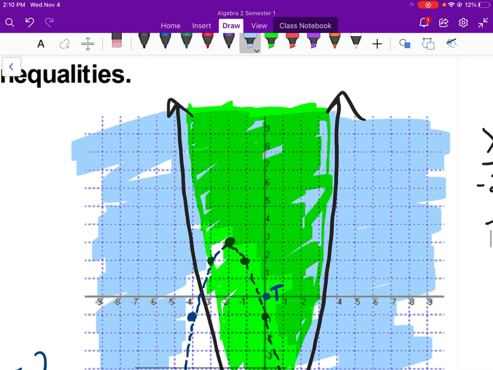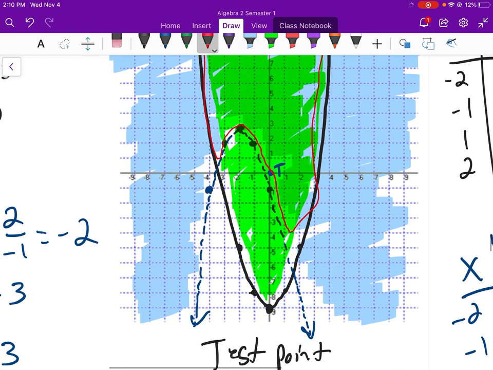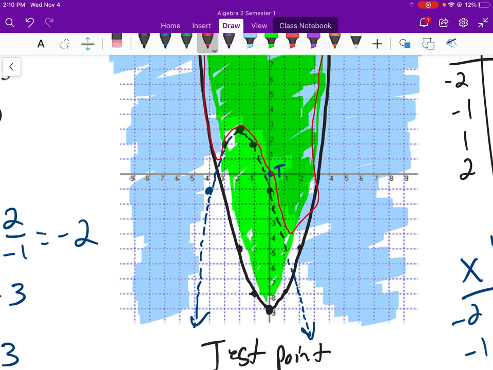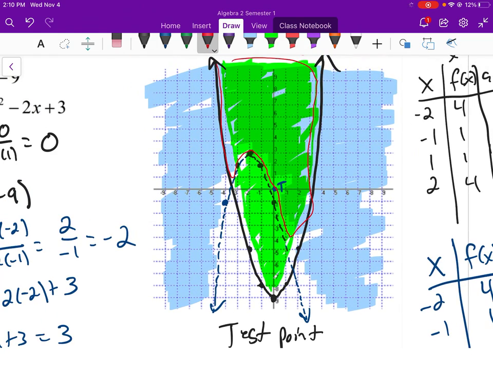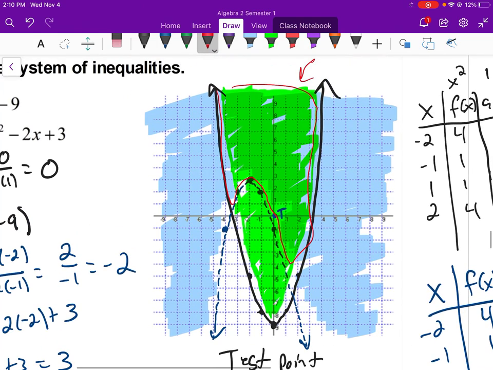So where the green and the blue overlap, which is a little hard to see, it would be this area right here. That is where we would find solutions. And our test point 0, 0 is true for both, which is in that overlapped area, which tells you that that is the correct area.